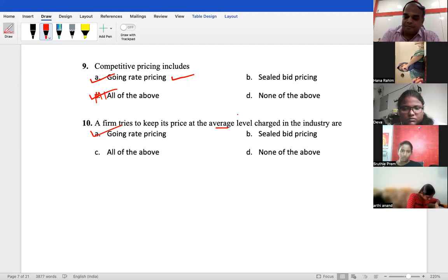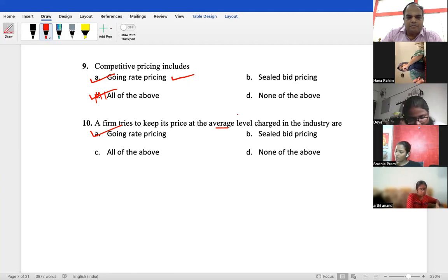There is a tabular column there, sir. Type of competitive pricing: going rate pricing, sealed bid pricing. Not penetrating. Yes, you are correct. Going rate and sealed bid both come under what?